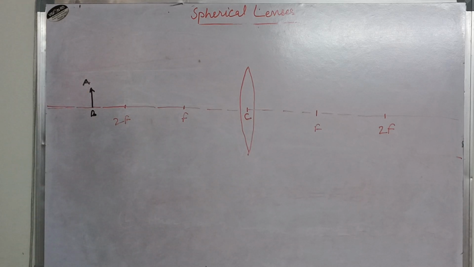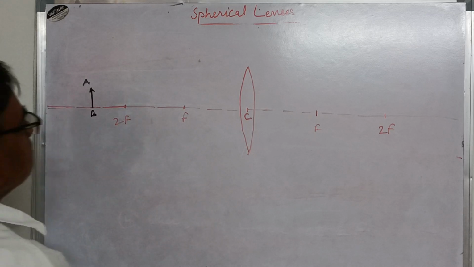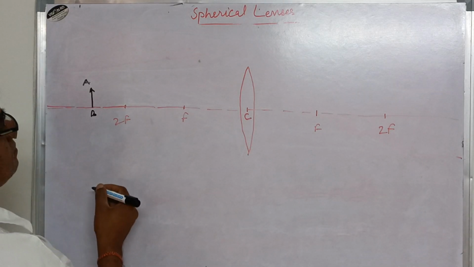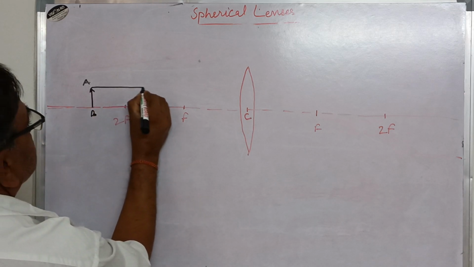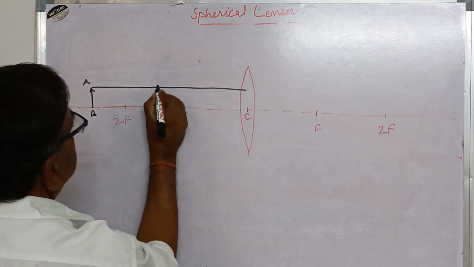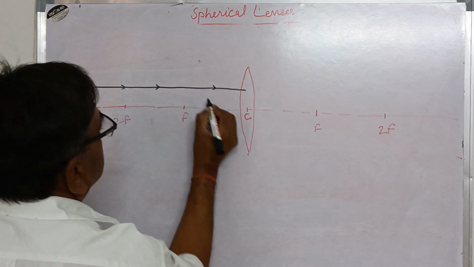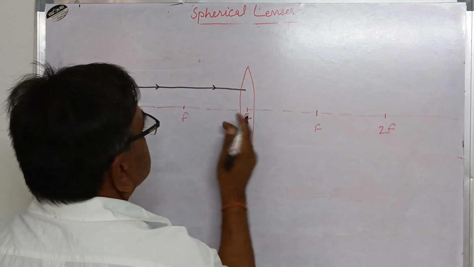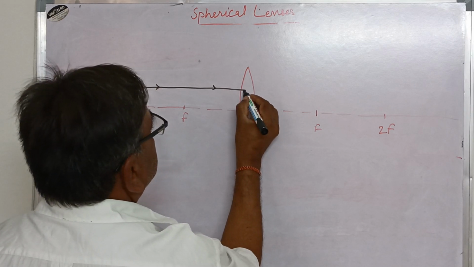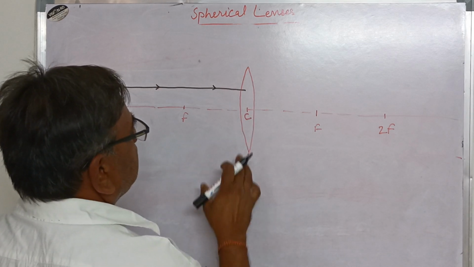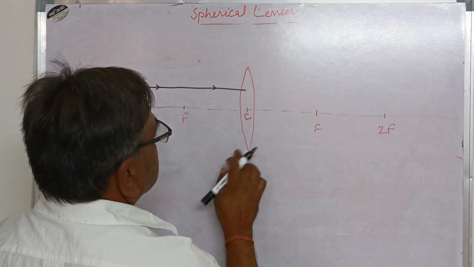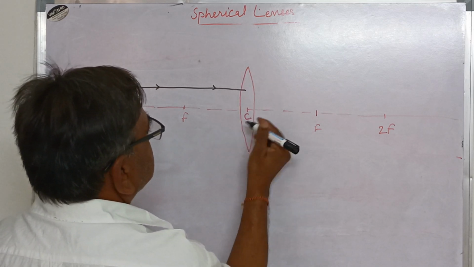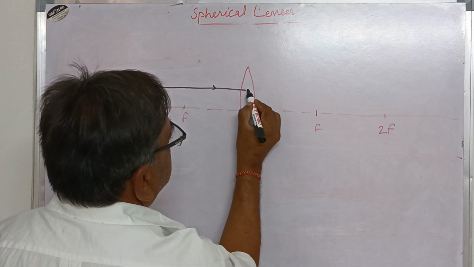A is the head, the upside of the object, B is the bottom. So we start. Take a ray parallel. This is very easy. Take an incident ray parallel to the principal axis, and after refraction, when it emerges from the body of the lens, this will pass from the focus.